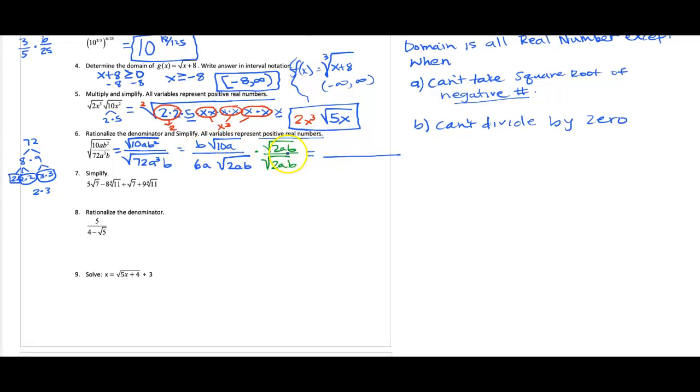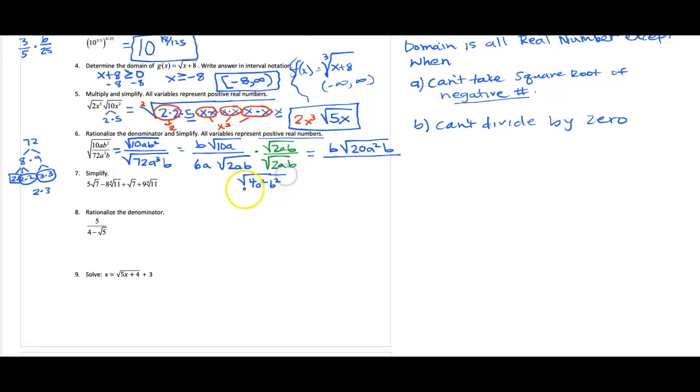On the top, I have b on the outside, and inside I have 10 times 2, which is 20, and then a times b, so a squared b. On the bottom, when I multiply the square root of 2ab by the square root of 2ab, 2 times 2 is 4, and then a times a is a squared, b times b is b squared.